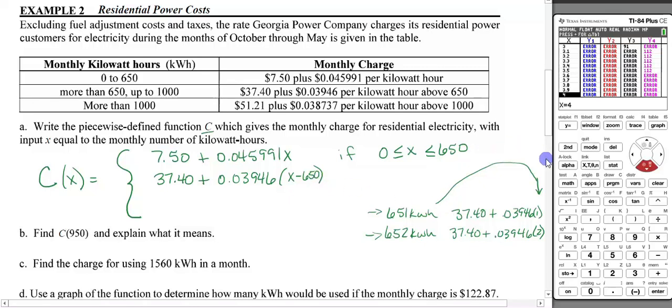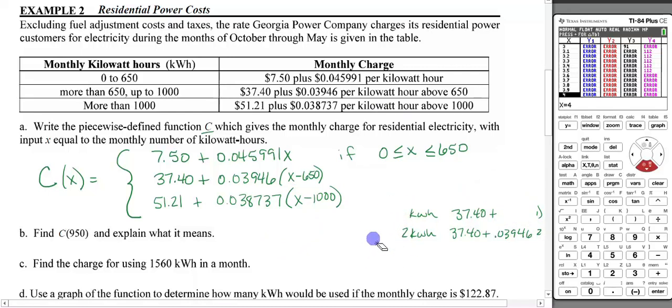That would give you 2, and you'd be using 2 times that variable rate plus your flat charge. All right, and then the next tier is $51.21 plus 0.038737 times, and this is the number of kilowatts above 1,000. So it'd be x minus 1,000.